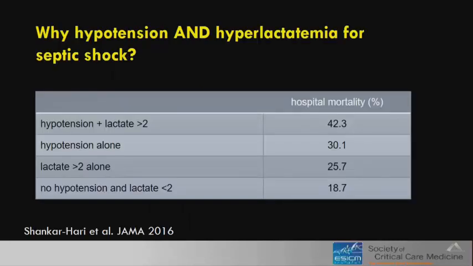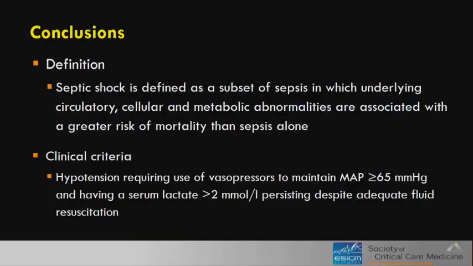And this is to emphasize why we argued that hypotension and circulatory dysfunction is not enough to diagnose septic shock, and the lactate is an important variable as a marker of metabolic and physiologic stress, because people that have a lactate above 2, whether it is in isolation in the setting of sepsis or in the presence of circulatory dysfunction, have a much greater mortality.